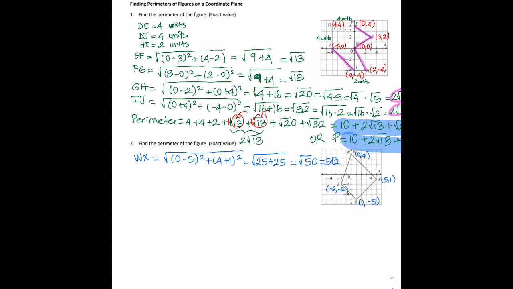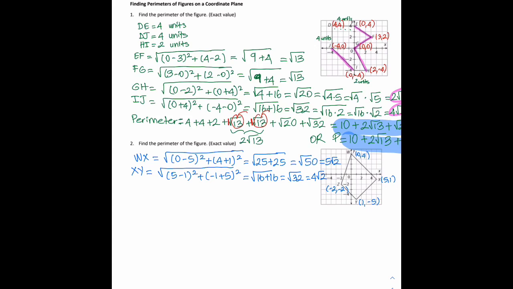Let's look at XY. The length of segment XY will be 5 minus 1 to the second power plus negative 1 plus 5 to the second power, which will be 16 plus 16, which will be square root of 32, and that will be, if you remember from the previous question, 4 square root of 2.